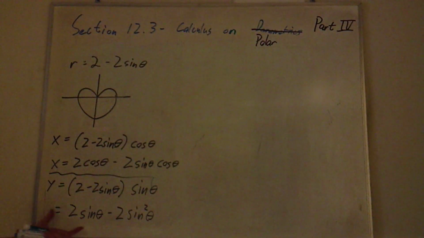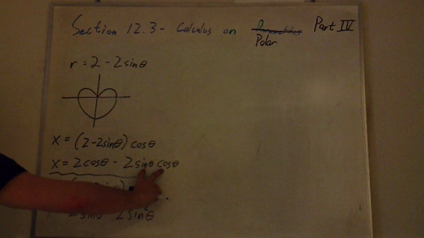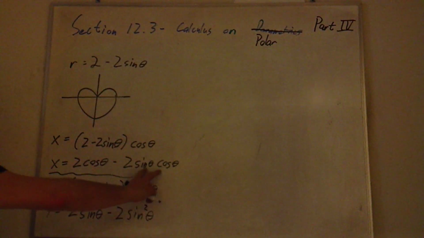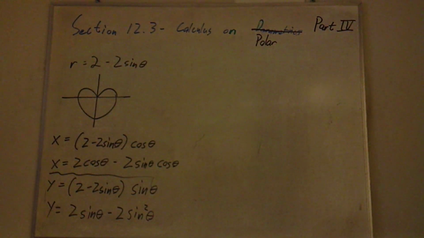Once again, we're going to take some derivatives of this, and we have our sine times cosine business here, and we have our sine squared here. So, as promised, one of these is a product rule, the other one is a chain rule. That's going to happen all the time.